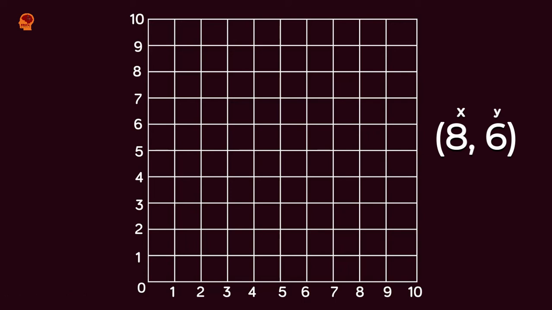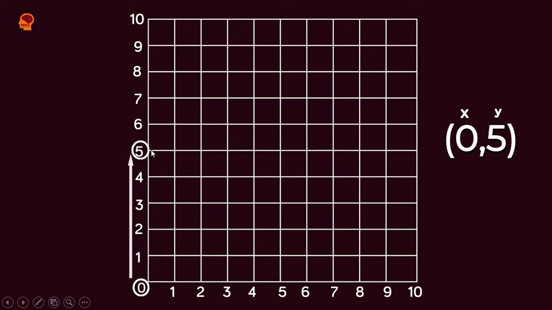Now let's take another example. What if you have 0 on 5? The 0 is x, and the 5 is y. So we look for 0 on the x-axis, and then we move up to where 5 is.